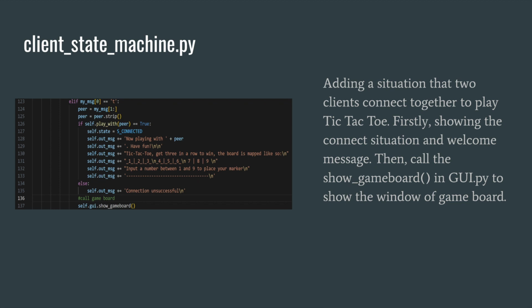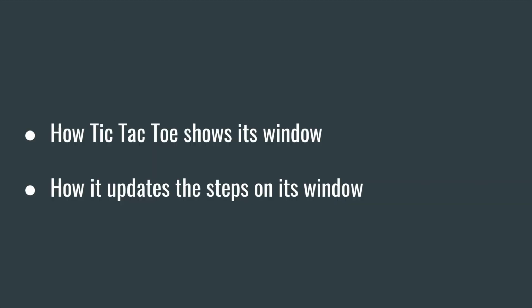Firstly, show the connect situation and welcome message on the chat window, then call the show game board function in the GUI file to show the window of the game board. So our codes mainly focus on addressing the question of how tic-tac-toe shows its window and how it updates its steps.